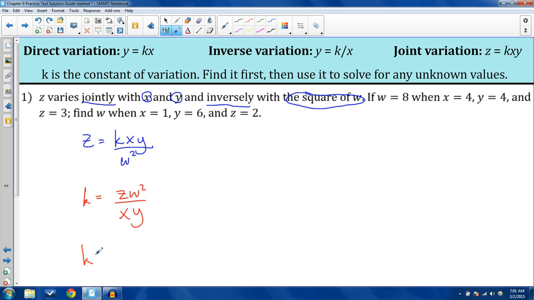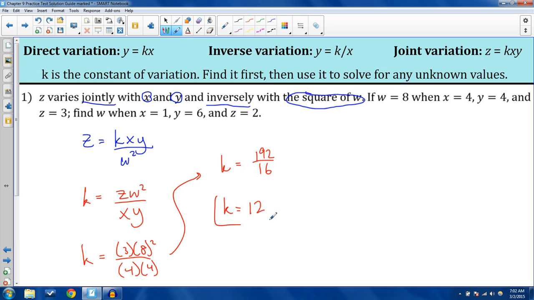So substituting, if W equals 8, it looks like Z equals 3, and X and Y are 4. I'm going to go ahead and get K equal to 3 times, well, maybe I shouldn't have done it this way, but 3 times 8 squared is 64, times 3 is 192, all over 16, which is 12.